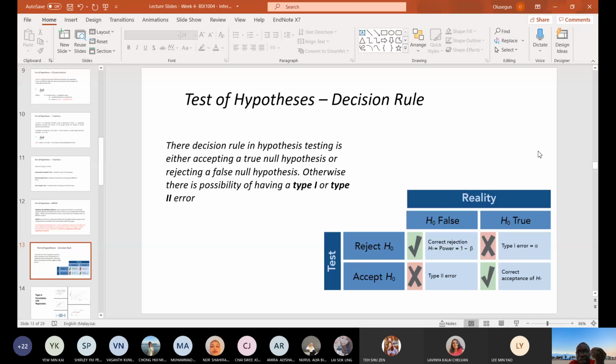But supposing we collected the data from drivers, those who drive cars in Malaysia, and we discovered that underage are so many among them. It is possible when you test the hypothesis, say underage will be allowed. That is a true hypothesis, but it is being rejected.